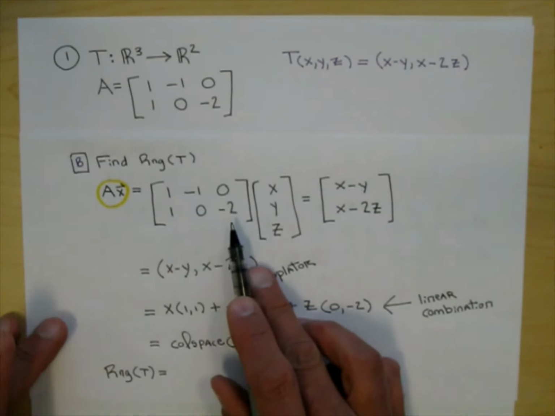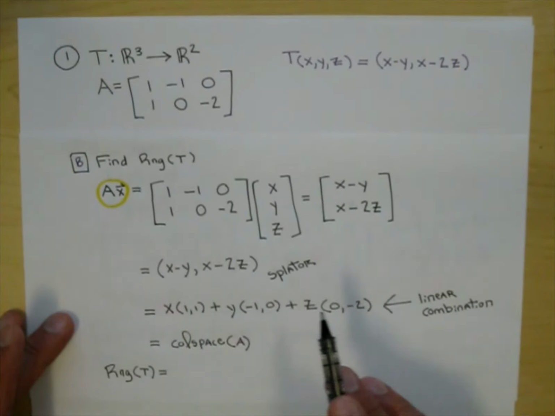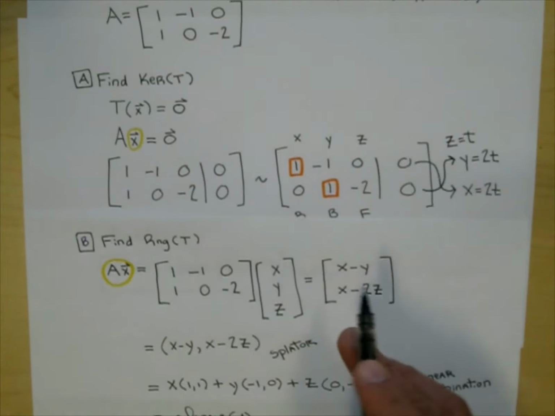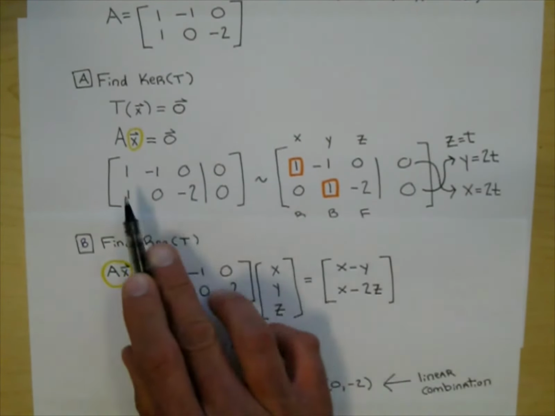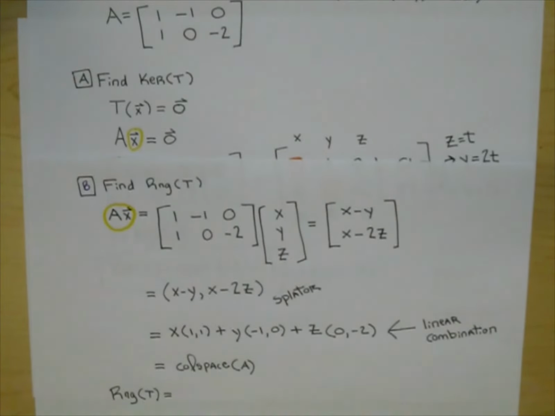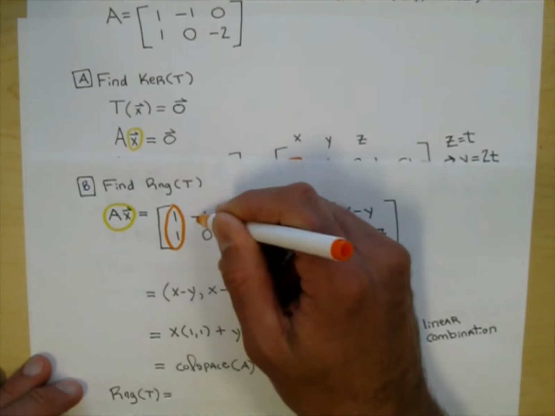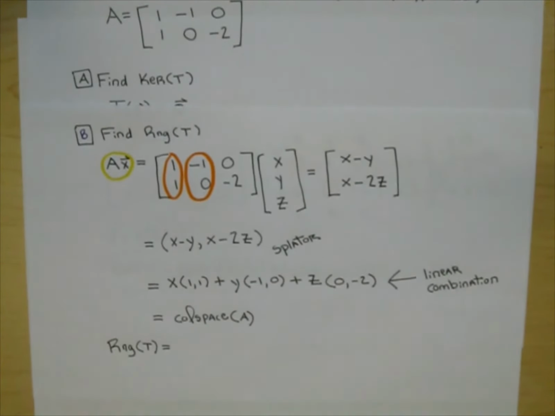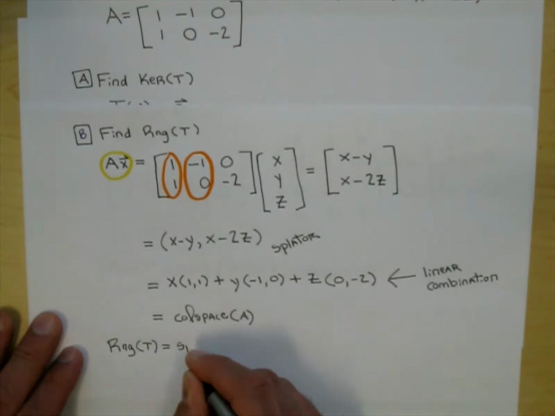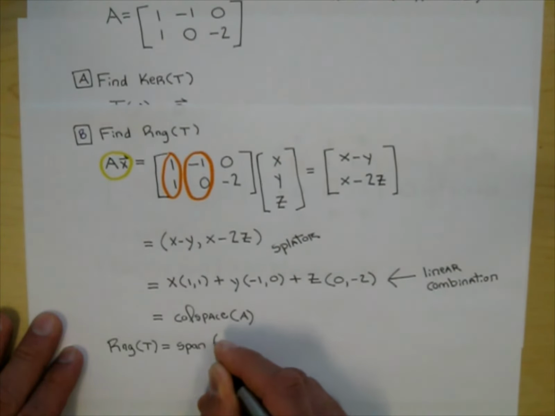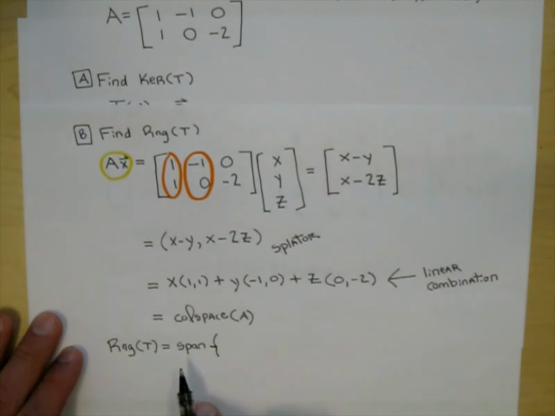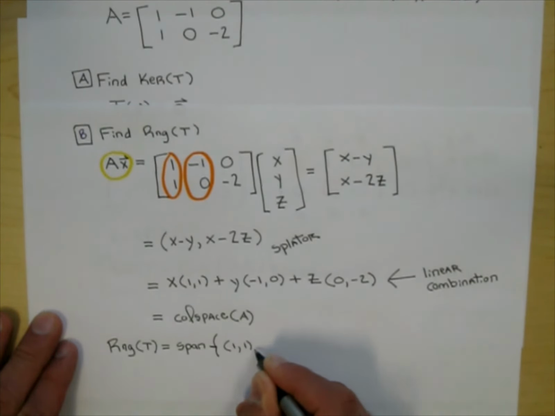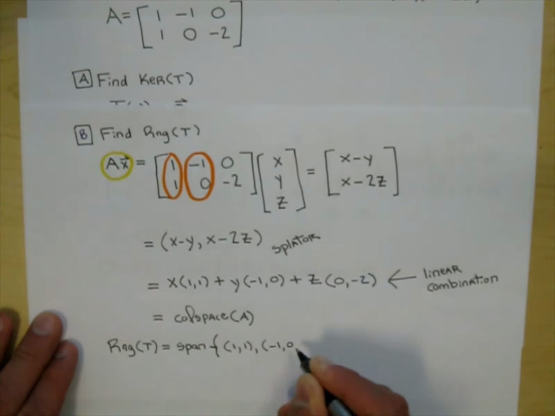Now to write the column space, remember how you do the column space? You reduce your matrix. We kind of did the reduction there. And look at the ones that had the pivots. They were the first 2 columns. So I'm going to go ahead and circle the first 2 columns here. And so the range happens to be the span of those columns, because we're writing this as the span of a basis: (1, 1), (-1, 0).